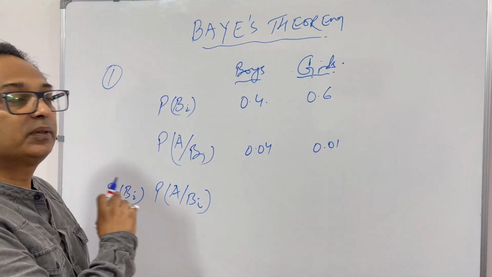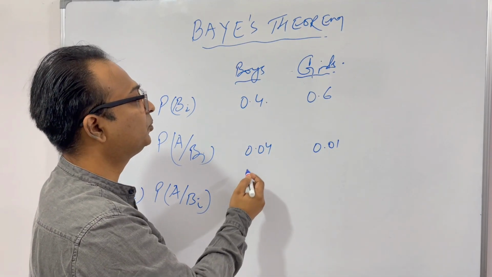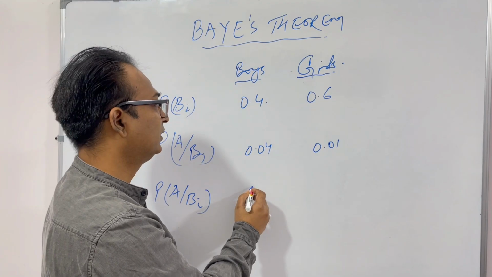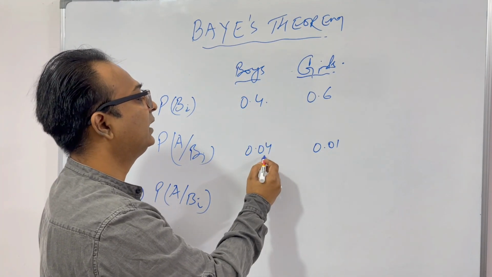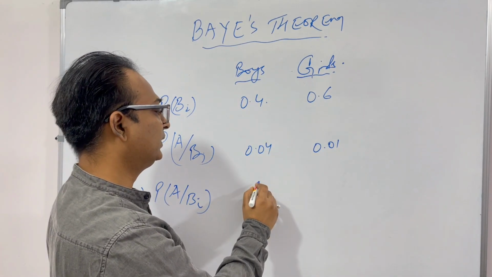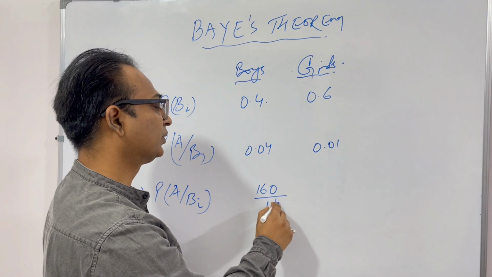This is the numerator of the Bayes theorem formula. This is 0.4 into 0.04. Let's say this is 100 by 100. We multiply it by 100. So what will we get? 160 by 10 to the power 4.